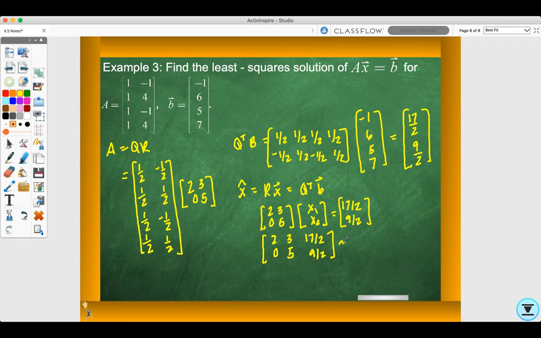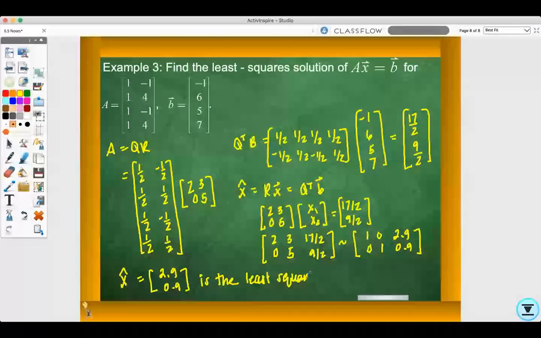So go ahead and solve this matrix, and when you do, we get about 2.9 and 0.9. So x hat is 2.9 and 0.9, which is the least squares solution to Ax equals b.